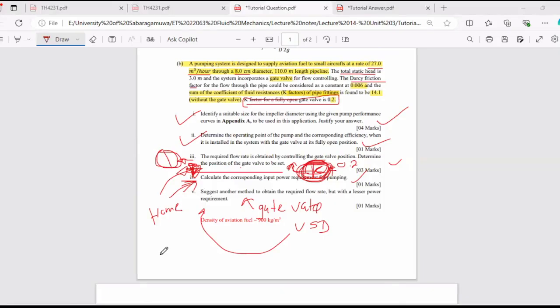Yes, Randika, you can ask. Anuruddhika, you can ask. Anuruddhika is raising hand.